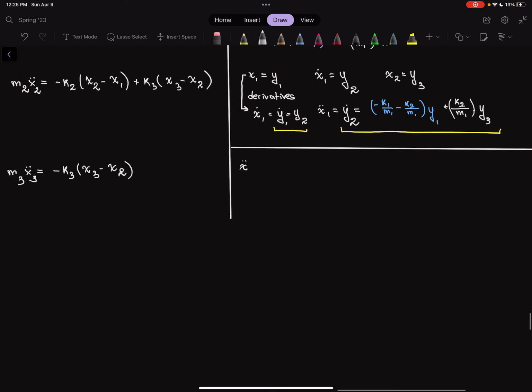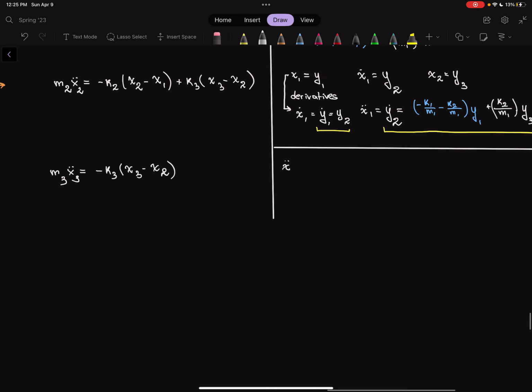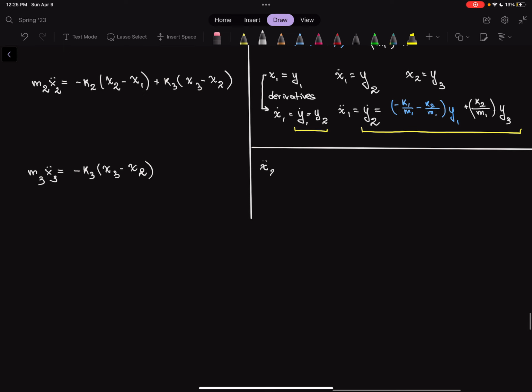So here, we're going to have x double dot of 2, which is going to be equal to negative k2 over m2 times x2 plus k2 over m2 times x1 plus k3 over m2 times x3 minus k3 over m2 times x2.